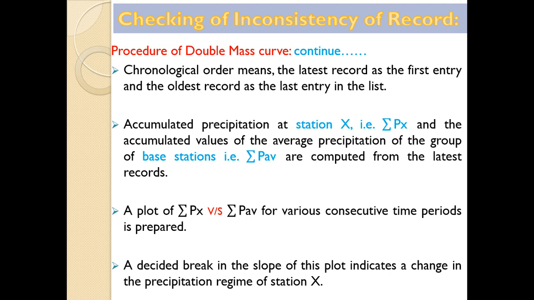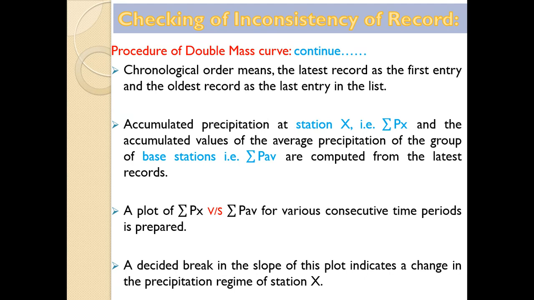So this 2020 should become the first entry. It is the latest record as the first entry and the oldest record as the last entry. So data is arranged in reverse chronological order. This is the meaning.